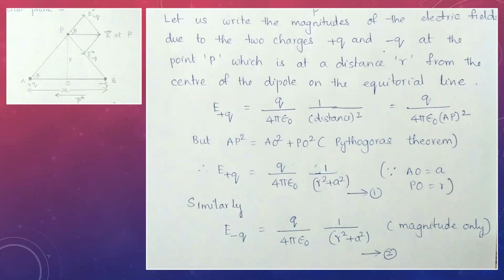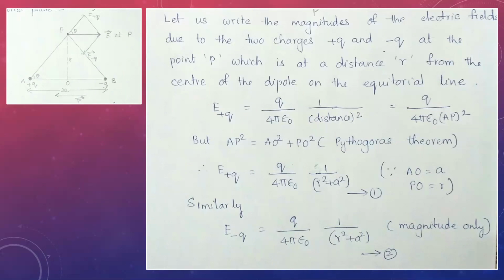But as per the Pythagoras theorem, AP square is equal to AO square plus PO square. Therefore, E plus Q is equal to Q by 4 pi epsilon naught 1 by r square plus a square, since AO is equal to small a and PO is equal to small r. Let it be equation number 1.